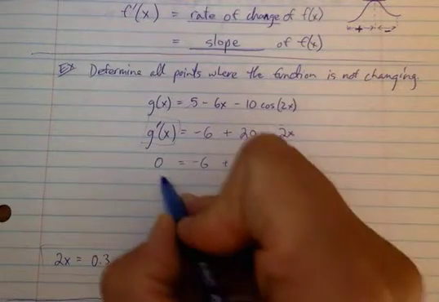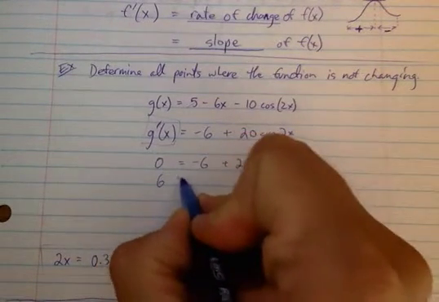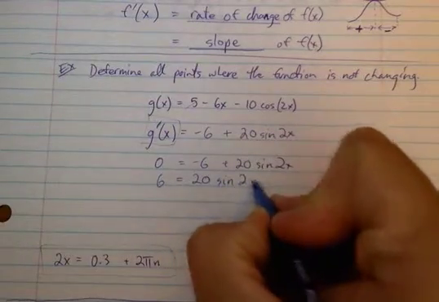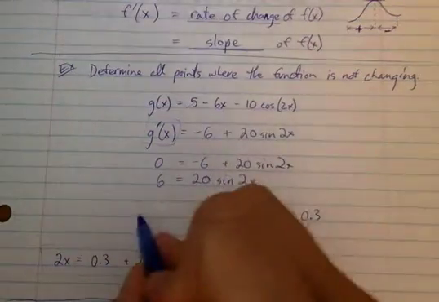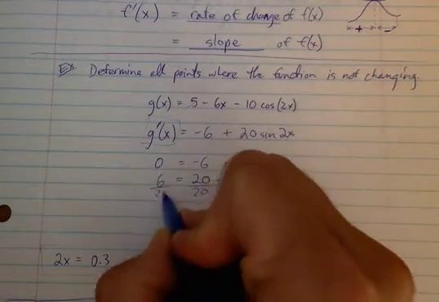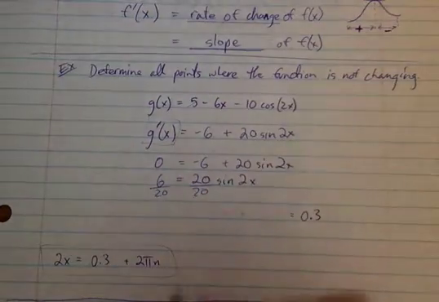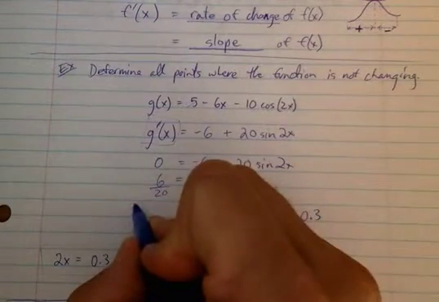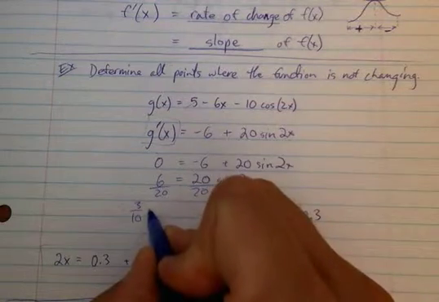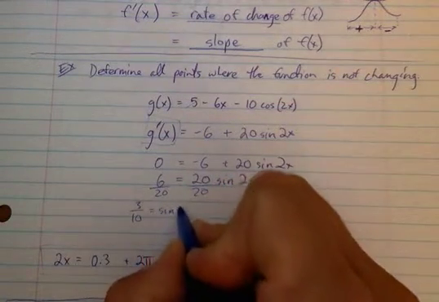All right, so let's bring the 6 over here. Equals 20 sine of 2x. And now let's divide through by 20. We get 6 over 20, that's 3 over 10. So 3 over 10 equals sine of 2x.